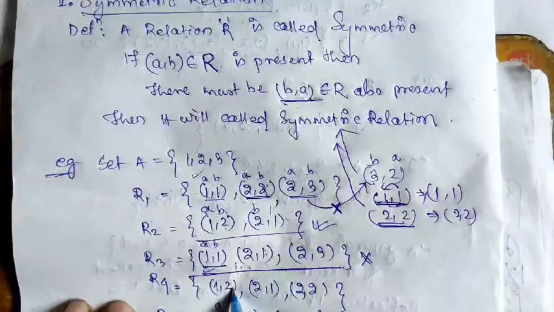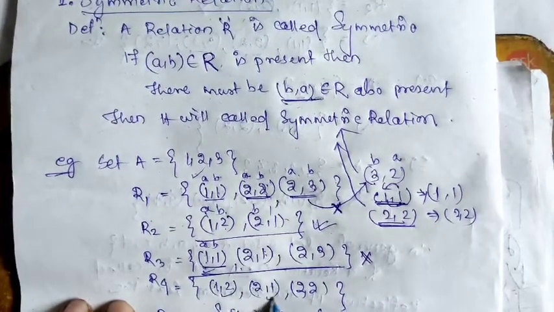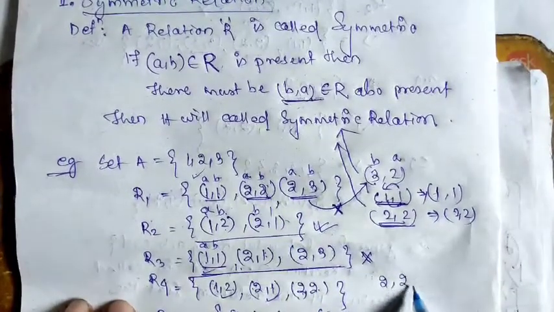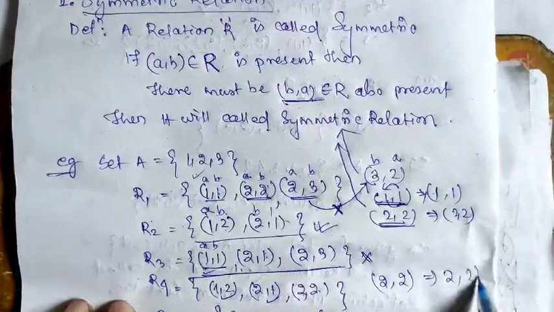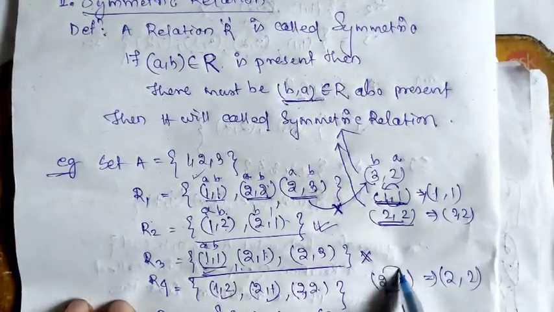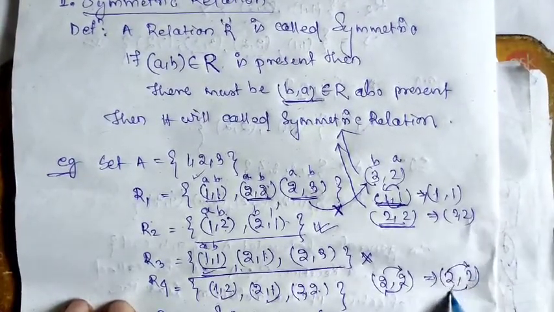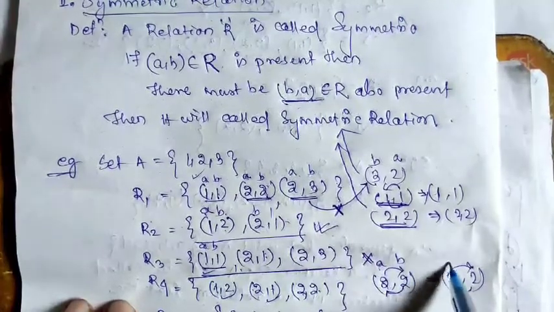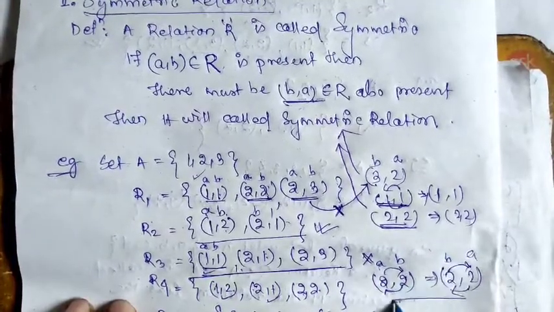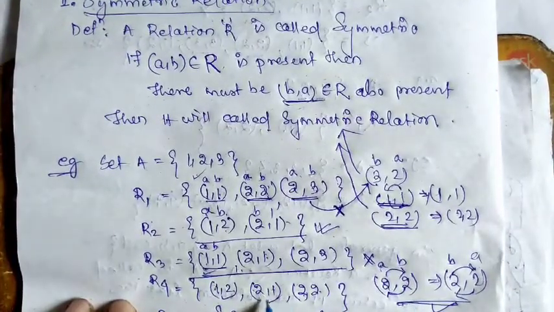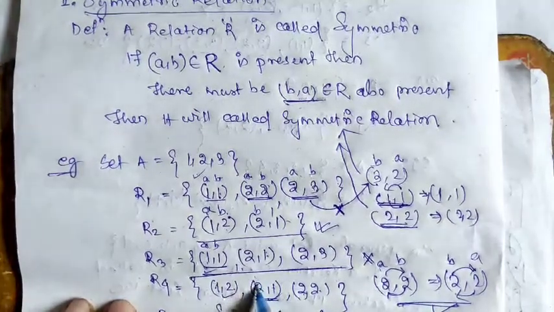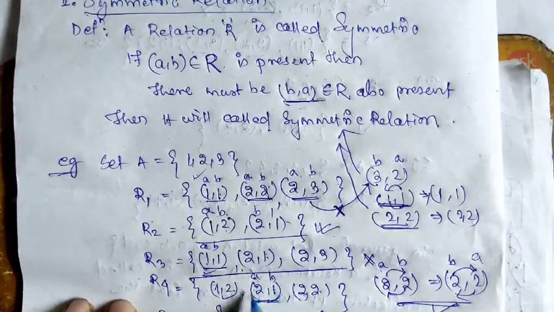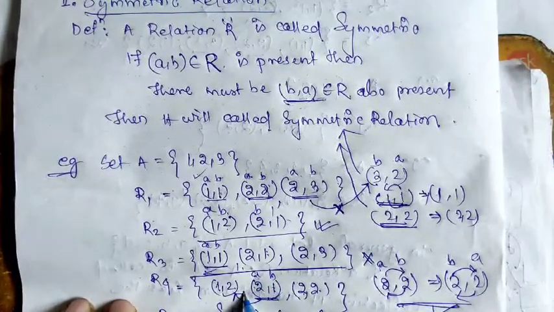Second one: 1, 2 is present, 2, 1 is present. These two conditions are satisfied. 2, 2 is present, which if we alter the position gives the same result, 2, 2. If we consider the first 2 as A and the second 2 as B and alter the position, we get BA. So this condition is satisfied. In case of this order pair, if we consider B as A and A as B, which alternative condition is present here?